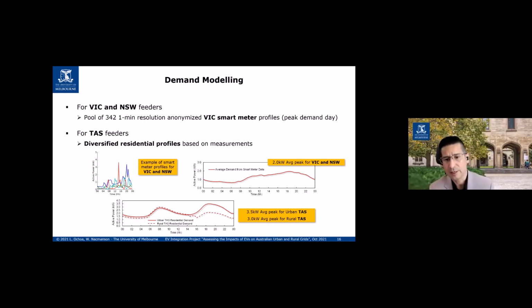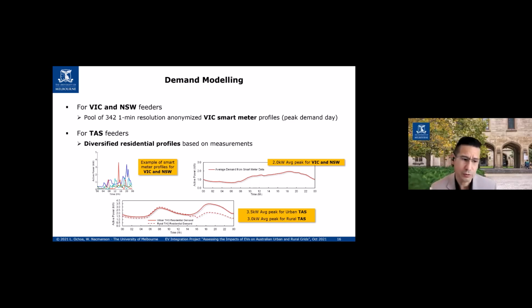We can do 1 minute resolution profiles, and there is a lot of variability because of the nature of the smart meter data. However, with the TasNetworks diversified profiles, which are kind of average profiles, as you can see here in the slide, that granularity from the demand side is not that great.